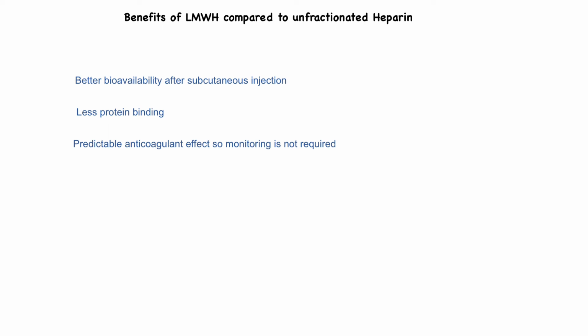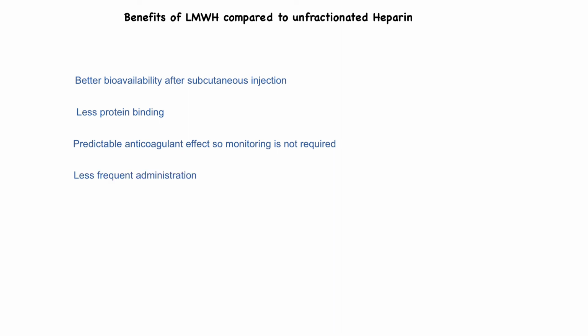So it has a longer half-life as compared to unfractionated heparin. So low molecular weight heparin can be given by intermittent injections. Due to these properties, low molecular weight heparins have more predictable anticoagulation effects, so routine monitoring is not required.